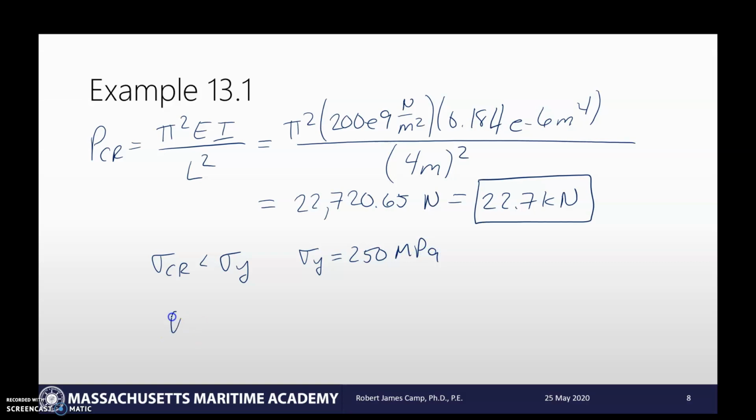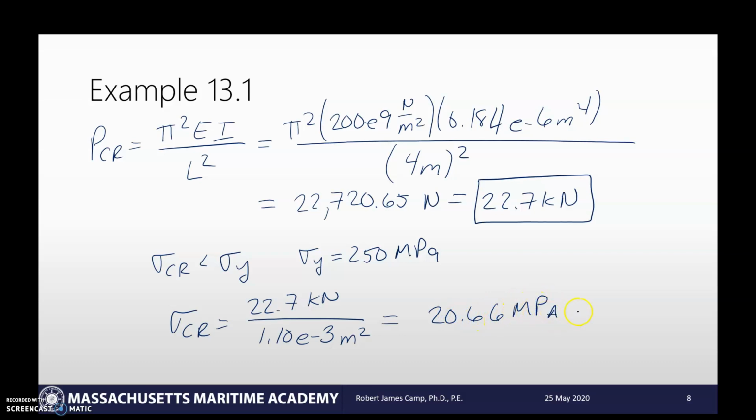So let's calculate the critical stress. 22.7 kilonewtons divided by our 1.10 times 10 to the negative 3 meters squared will give us 20.66 megapascals, which is less than 250 megapascals. What does that tell me? That tells me that this is going to buckle before the material fails.